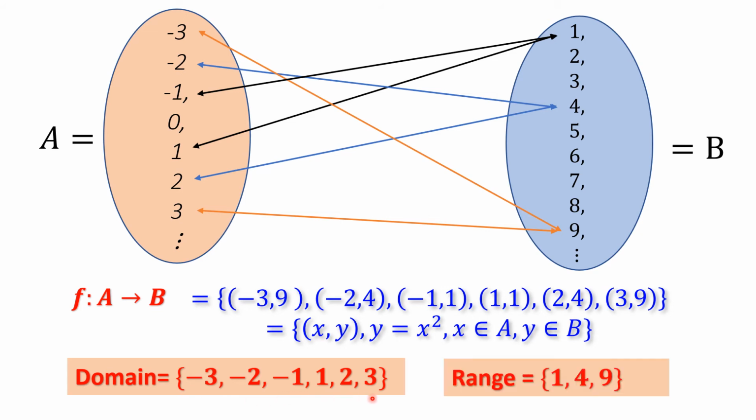The range of this function is the set of second elements of the ordered pairs, and it is equal to the set of elements 1, 4 and 9.